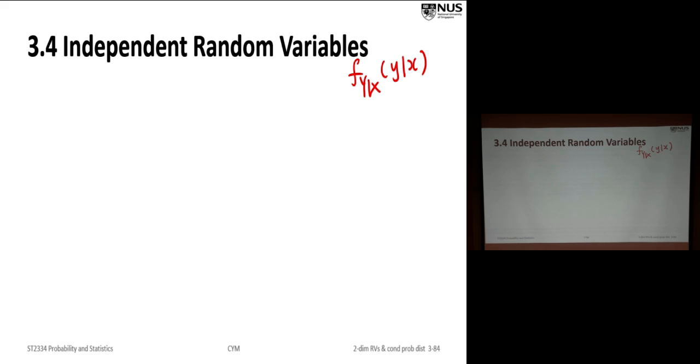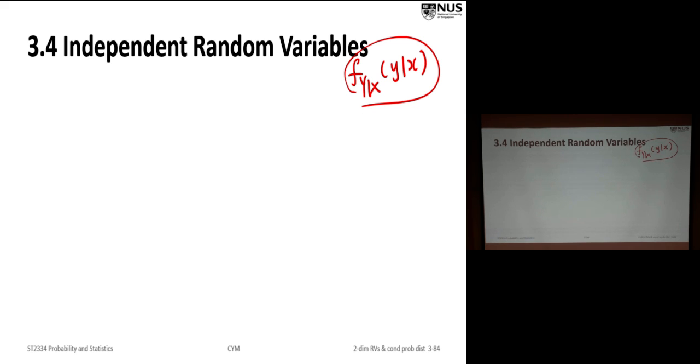But on the other hand, this expression can involve both y and x. So you have to be careful. In terms of random variable, there's only one random variable, the y here. But the expression for this conditional distribution involves y and x.